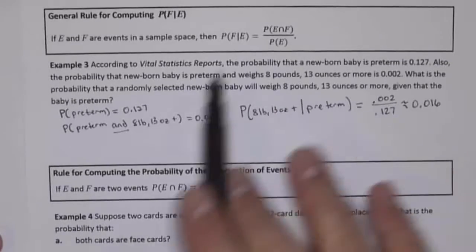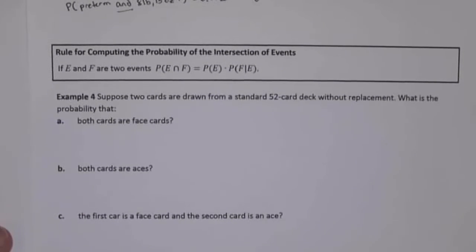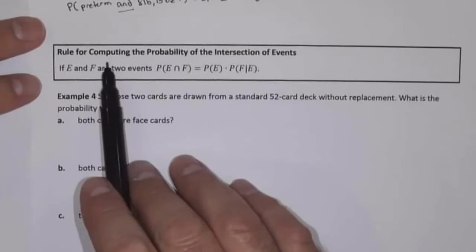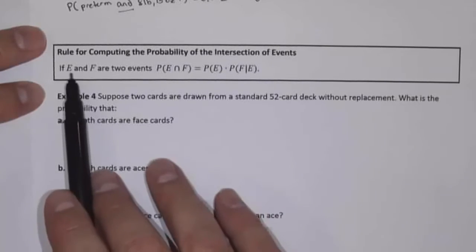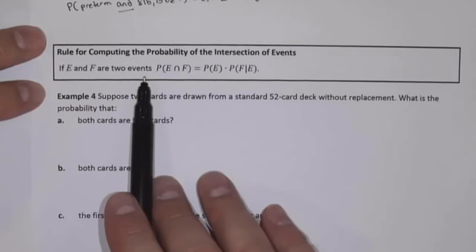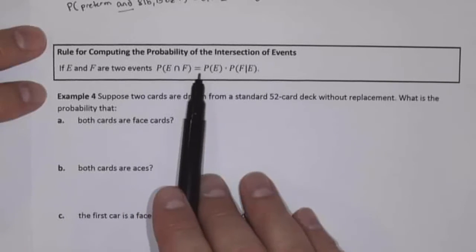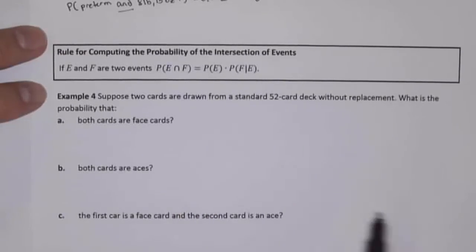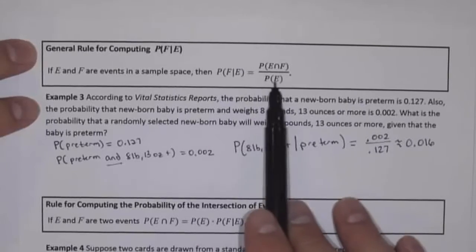Now the rule that we just saw here can be converted into this next rule that we'll use more frequently. So this is the rule for computing the probability of the intersection of events. If E and F are two events, the probability of E and F is equal to the probability of E times the probability of F given E. So this is actually the same rule that we just saw right here.